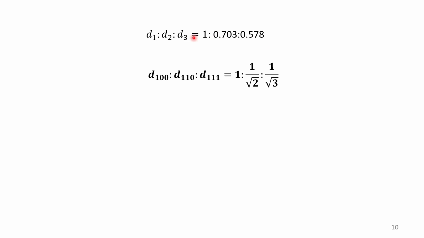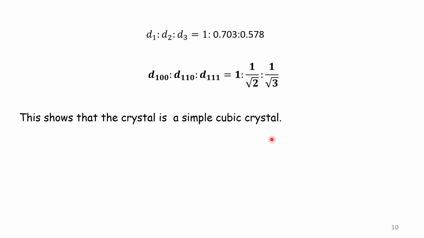Now we can write this value in terms of this ratio also. Therefore we get d100 : d110 : d111 is equal to 1 : 1 divided by root 2 : 1 divided by root 3.